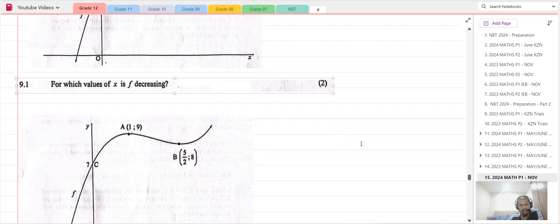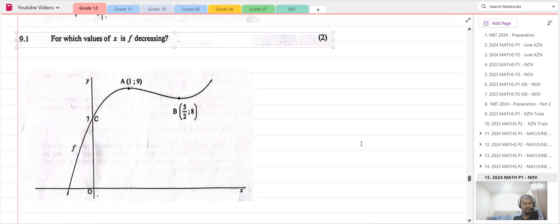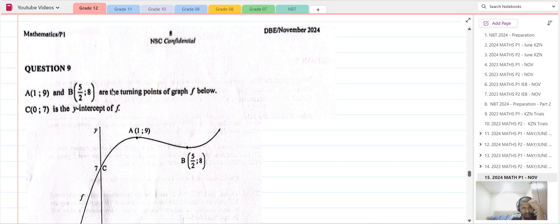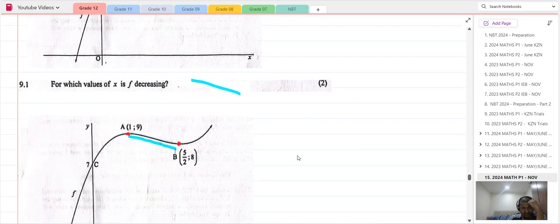What does decreasing mean? Decreasing basically means looking for a downward slope. So when is the slope downwards? Only here. You can see the turning points here. There's one turning point and there's another turning point. That's where it's happening. A and B are the turning points. So it's decreasing here from 1 to 5 over 2.